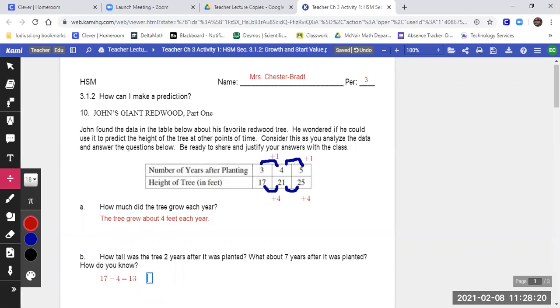Do we have year 6 even on our table? No, so we have to figure out year 6 and 7, right? We have to figure out year 6 and year 7. So what am I going to be adding to find year 6?